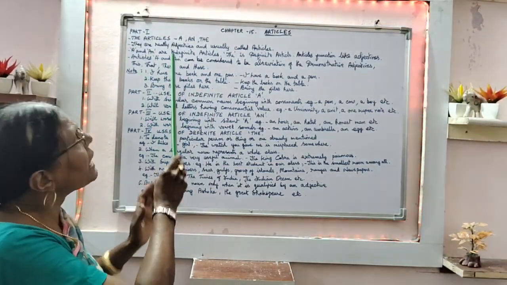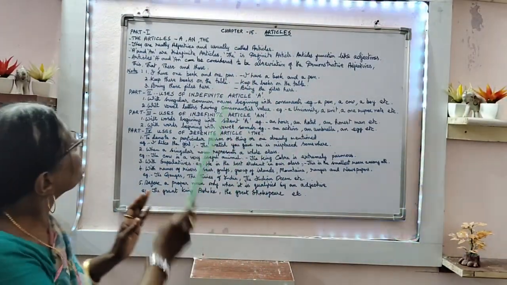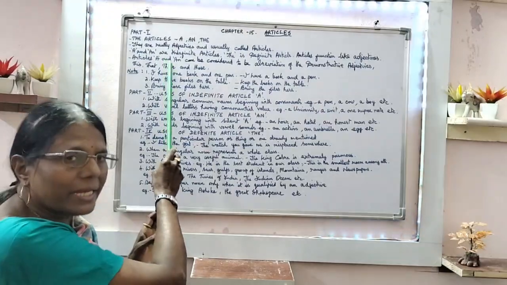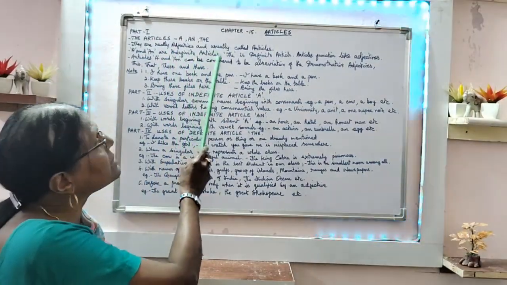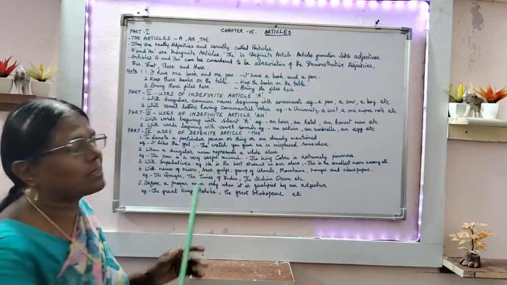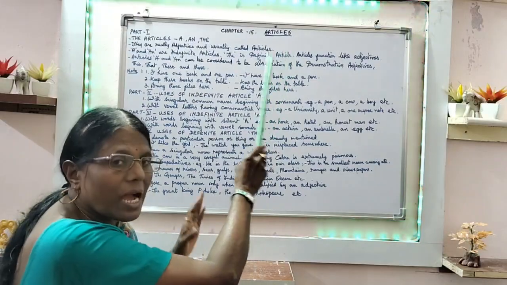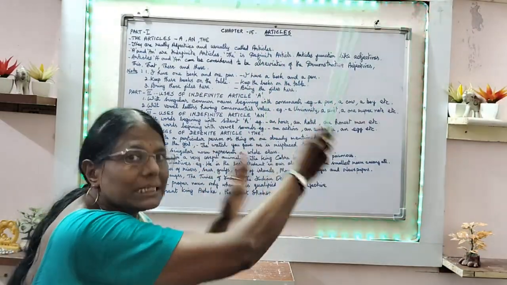Now they are really adjectives and usually called articles. A and an are called indefinite articles. There is a definite article. And these articles function like adjectives.